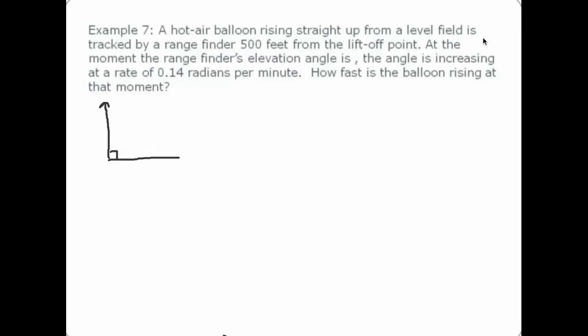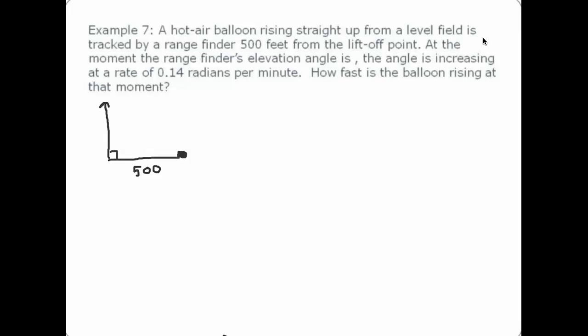It is being tracked by a rangefinder 500 feet from the liftoff point. So here's my little tracking beacon. It's 500 feet from where the hot air balloon raised up.